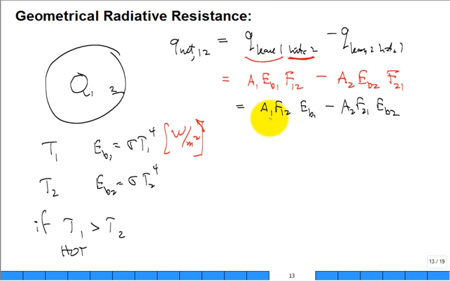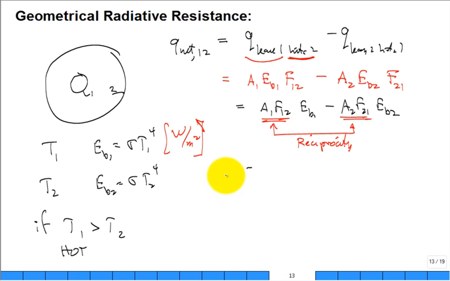What is the relationship between these terms? Is A1 F1 to 2 equal to A2 F2 to 1? By what, summation or reciprocity? Reciprocity, they're equal. So I can actually combine these.